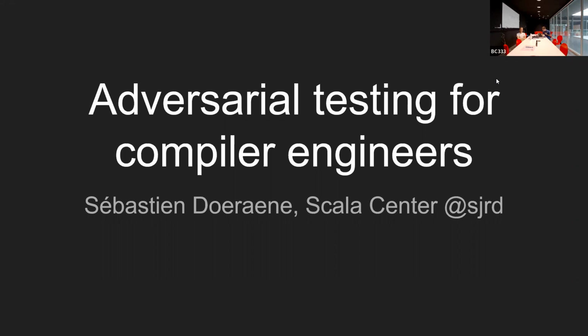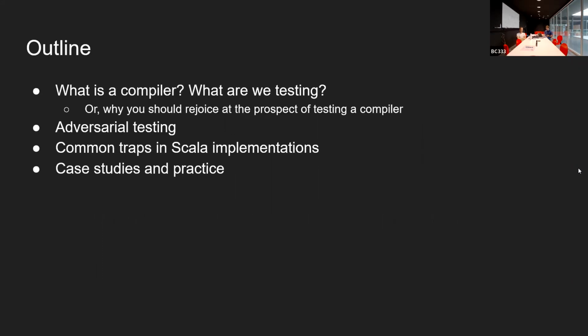So let's start with a little bit of what we're going to see. First, I'm going to talk a little bit about what is a compiler, because we really should understand what we are testing. And an alternative title for that section would be why you should rejoice at the prospect of testing a compiler.